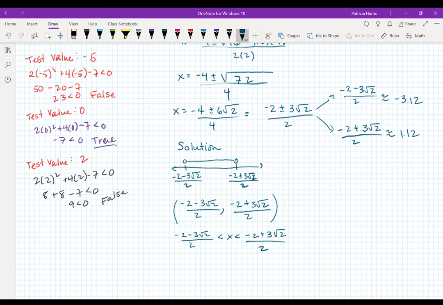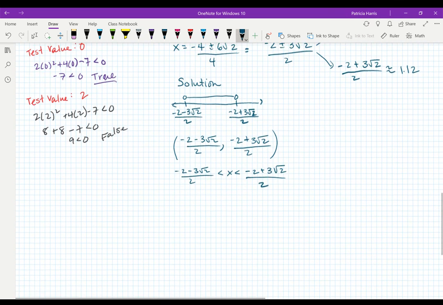And then if you want to do fancy, you could do the set builder notation. But that is up to you.